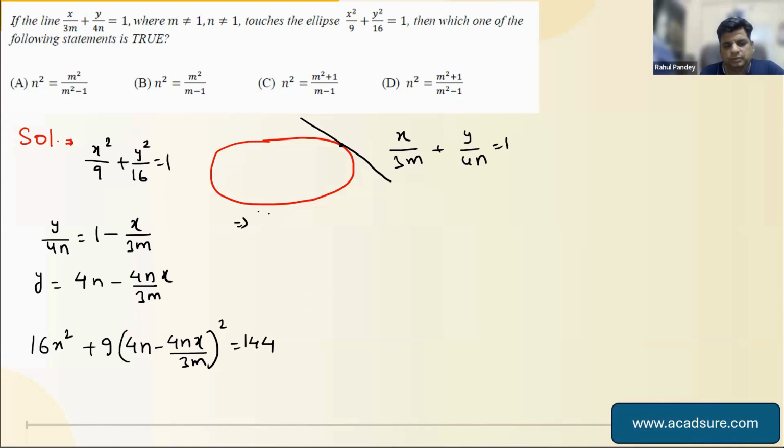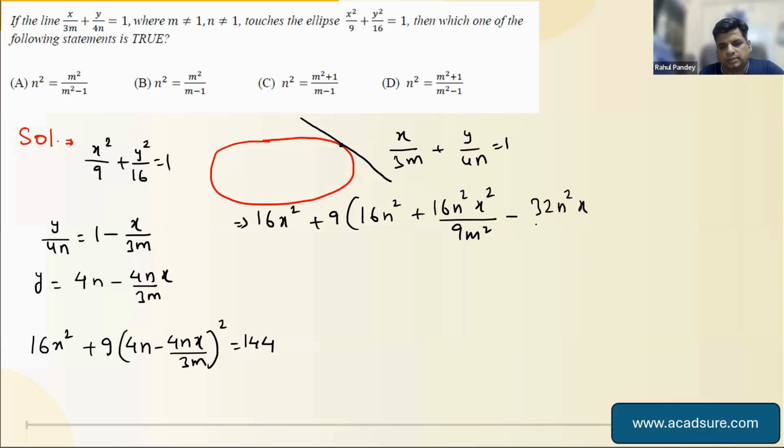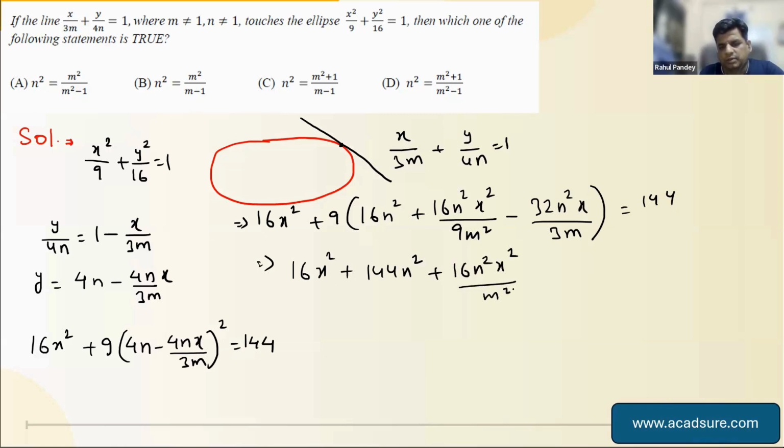So it will be 16x square plus, okay, my bad, it will be a square first. 9 times 16 n square plus 16n square x square upon 9m square minus 32n square x upon 3m is 144. 16x square plus 144n square plus 16n square x square upon m square minus 96n square x upon m is equal to 144.